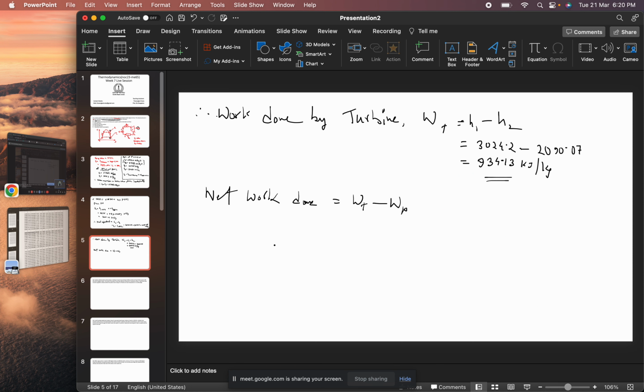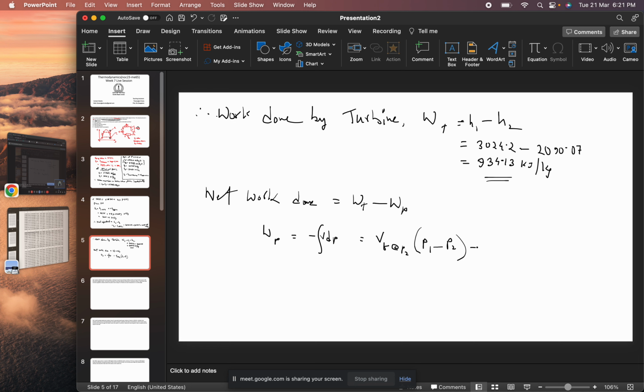I think you have already got the formula: pump work is minus the integration of V dP, isn't it? So we will get Vf at P2 times (P1 minus P2). I am not putting the negative sign because I have already accounted for it here.